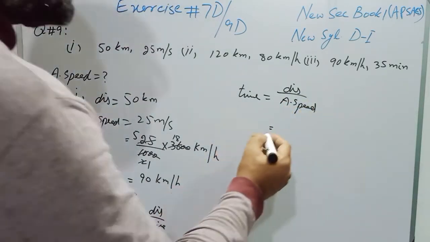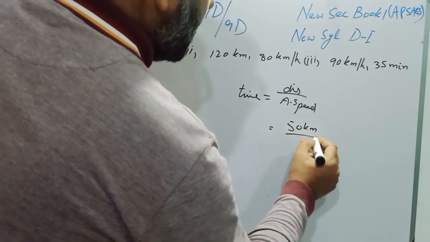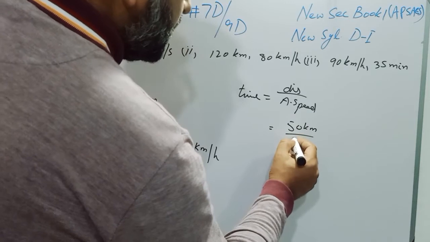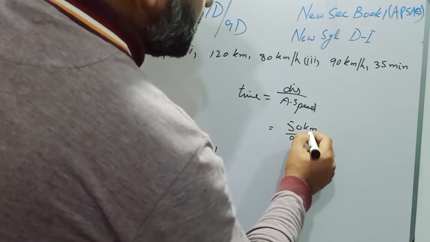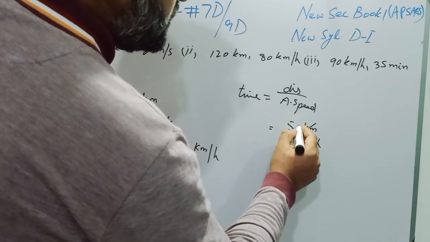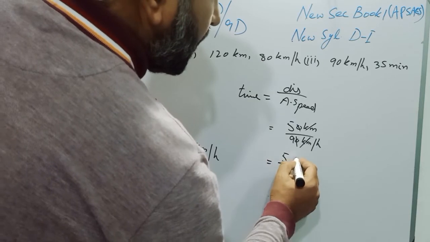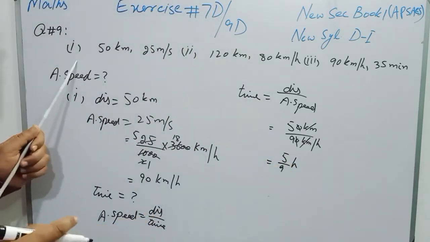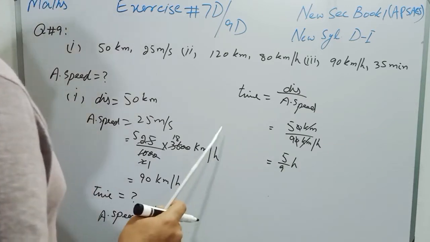So students, distance is 50 km and average speed is 90 km per hour. So kilometer will be cancelled to kilometer, and this 0 will be cancelled to this 0. So the time is 5 over 9 hour. For the first part of the journey, the time is 5 over 9 hour.